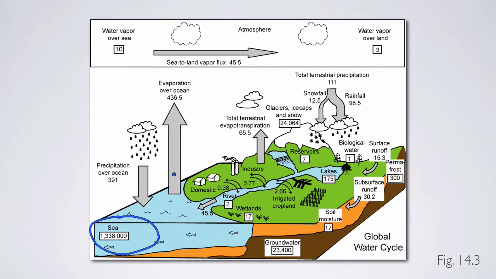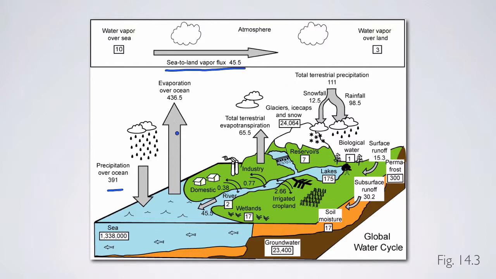So the oceans are the largest pool of water, and when we take a look at evaporation rates coming off of the ocean, we have 436 units of water coming off of the ocean. I'm not going to mention thousands of cubic kilometers each time, but let's just talk about 436 units. Precipitation over the ocean, so how much water comes back down into the ocean, is 391, and that difference is the sea to land vapor flux.